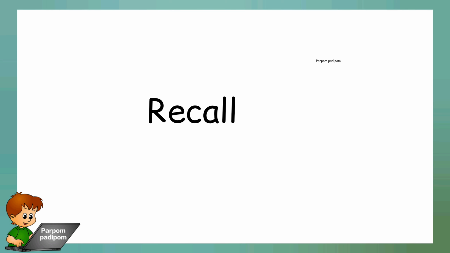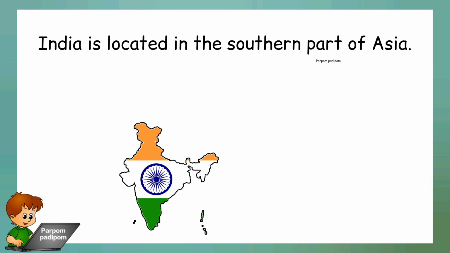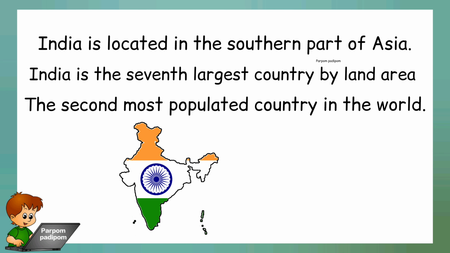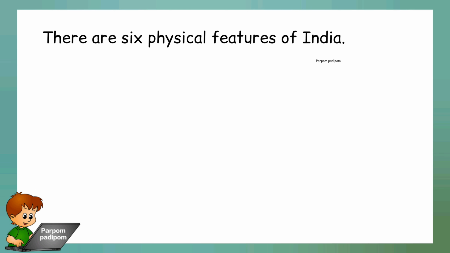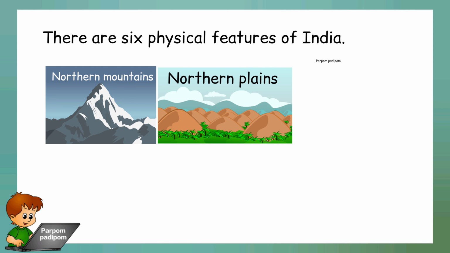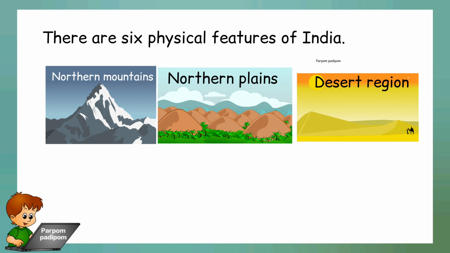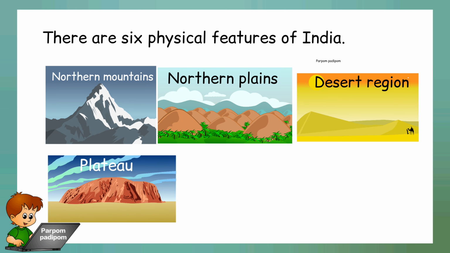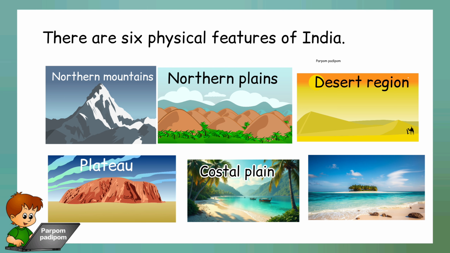Now let's recall. India is located in the southern part of Asia. India is the seventh largest country by land area and the second most populated country in the world. There are 6 physical features of India: the northern mountains, the northern plains, the Great Indian Desert, the peninsular plateau, the coastal plains, the islands.